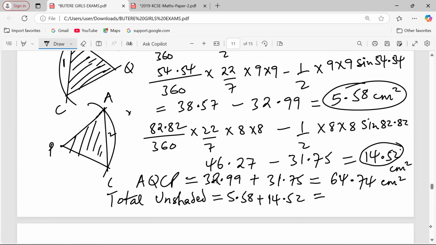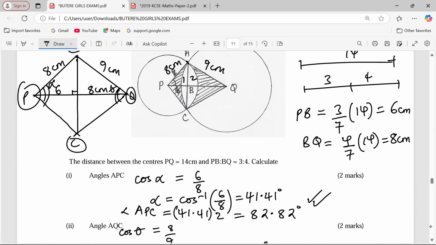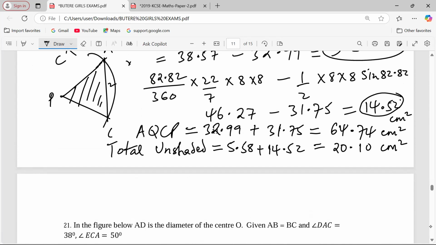What will it give us? 5.58 and 14.52 gives us 20.1 square centimeters. If we have the total area of the kite AQCP, and now we are having area of the unshaded part, then we can get the area of the shaded part now. Shaded will be the difference.